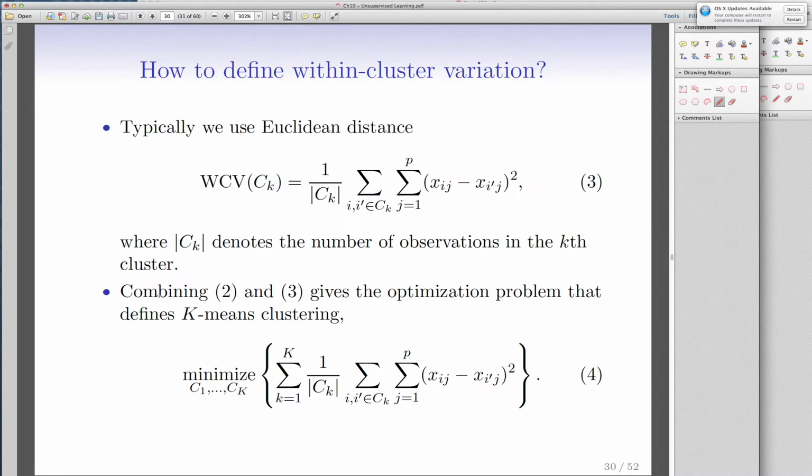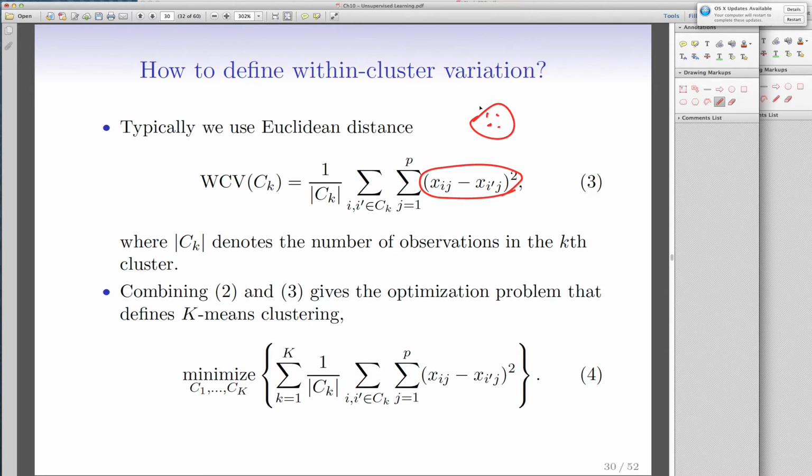So let's see how we can do that. Officially, we can show that the within-cluster variation is the squared differences between 2 points in each cluster, summed up for all classes. So let's say these 4 points are in one cluster. This is one distance squared, this is another distance squared, and so on and so forth.